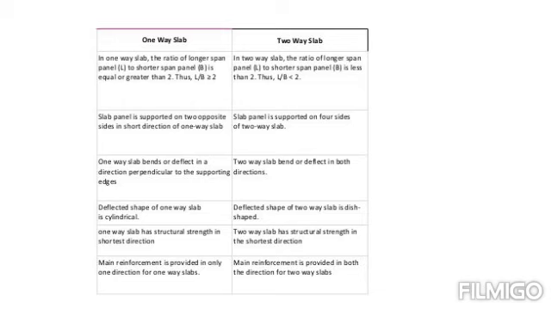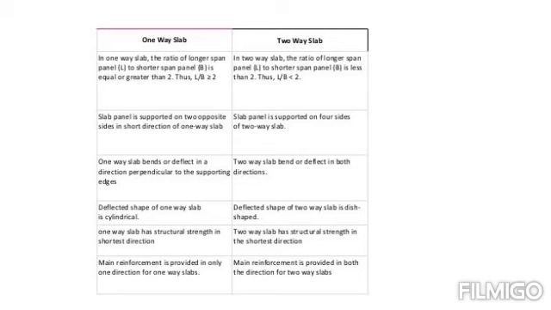In one-way slab, it bends or deflects in a direction perpendicular to the supporting edges. In two-way slab, it bends or deflects in both the directions. In one-way slab, the deflected shape is cylindrical. In two-way slab, the deflected shape is dish-shaped.